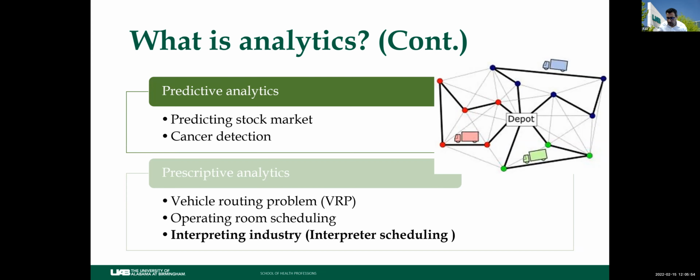But for prescriptive analytics, I'll give you an example, because it's the main topic of the presentation: the VRP, or vehicle routing problem. Everybody drinks coffee in the morning from Starbucks, let's say. Starbucks has in every city a hub or major inventory, and then they have many stores in a city like Birmingham or Chicago.